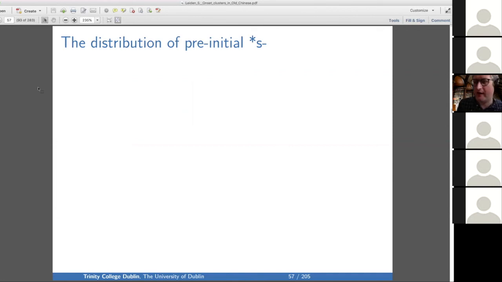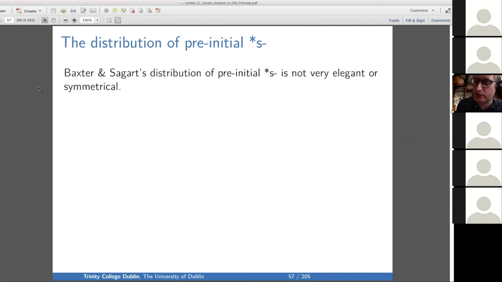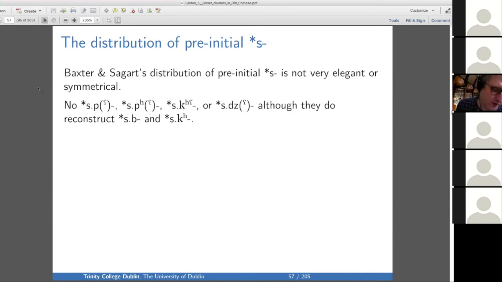And then also, I've been pointing out gaps. So let's look at the distribution of pre-initial S. Well, we don't have spa, ska, zka, but we do have zba and ska in type B syllables. So it just seems like a weird distribution.